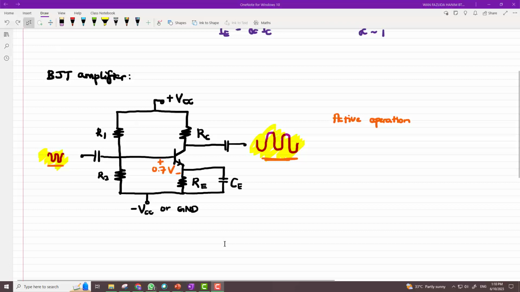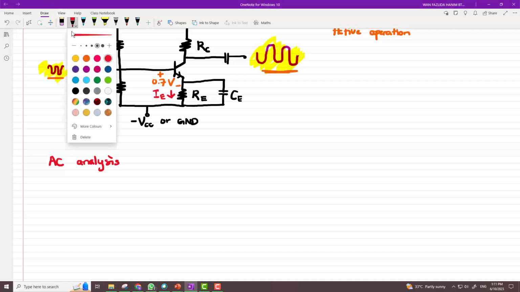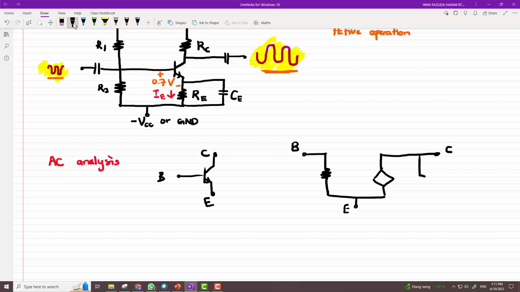When we want to do AC analysis, what we need from the previous example is to find out what the DC current IE is, because in our AC analysis we will be replacing our BJT with a small signal equivalent circuit, where this is your base, this is the emitter, and between the emitter and collector there is a dependent current source and there is an output resistance.